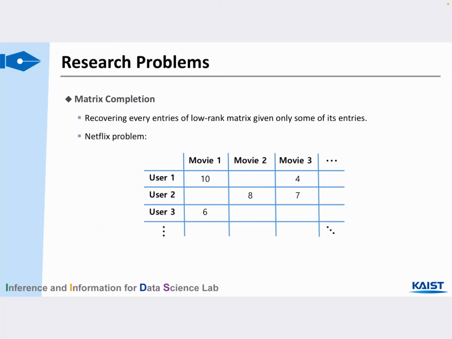Because a user cannot watch every movie, the table will have many empty entries. But if we can recover the full table only from the available entries, we can provide users the expected rating about the movies that they have not seen. So matrix completion is one of the most basic algorithms for recommendation systems.